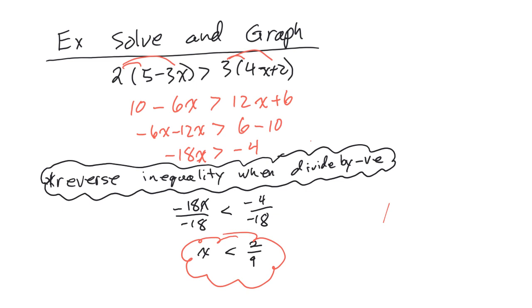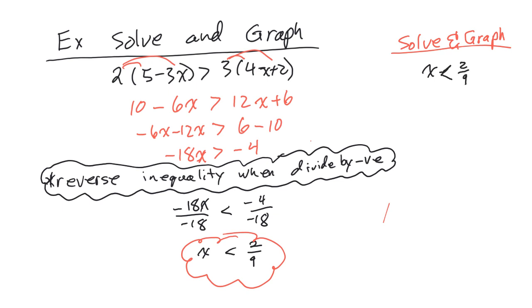When you hear the term solve and graph, it really means one of these three things. When we solve, we already solved. We found the x values for which our inequality works. So in this case, we got x is less than 2/9.